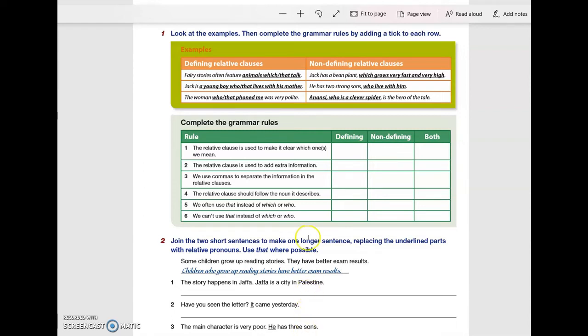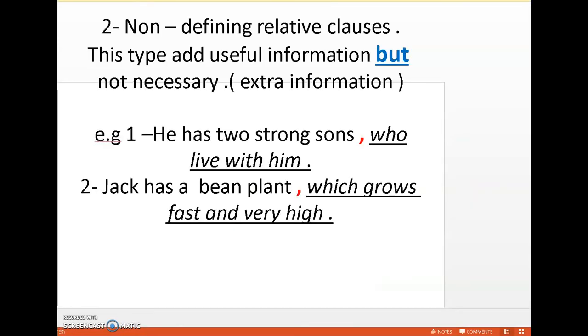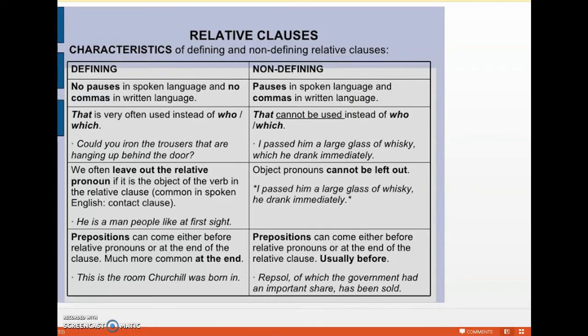But before you complete this grammar table, look at this sheet about relative clauses, then complete your chart in your box.